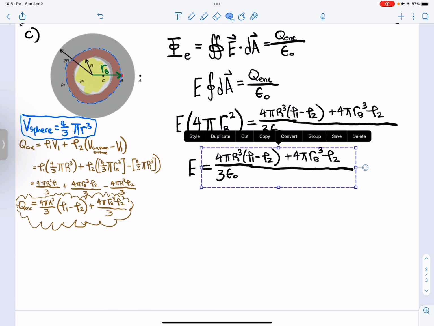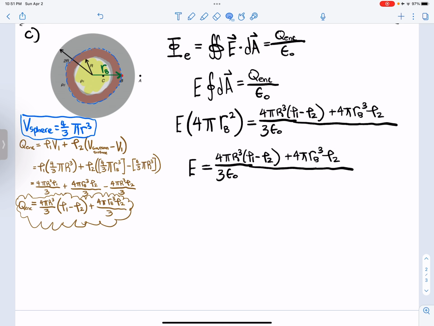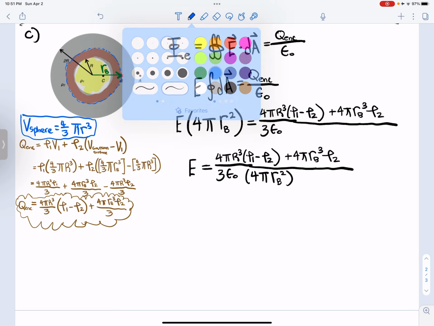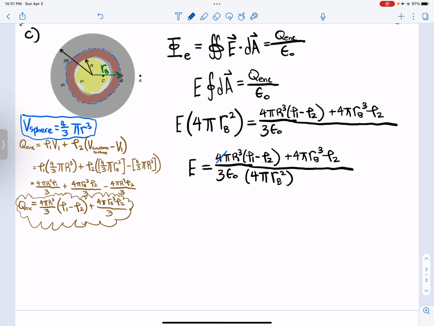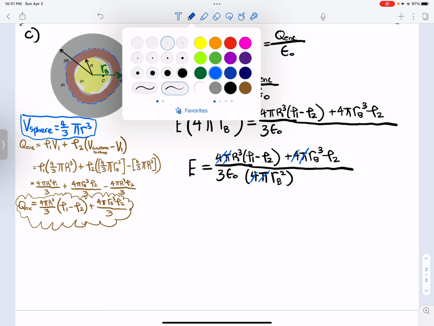That's beautiful. Okay, so I'm going to divide it also by 4 pi rb squared. Okay, so cancel out like terms, so 4 cancels out, pi cancels out, and I could also cancel out rb for the right side numerator term, which I will do.